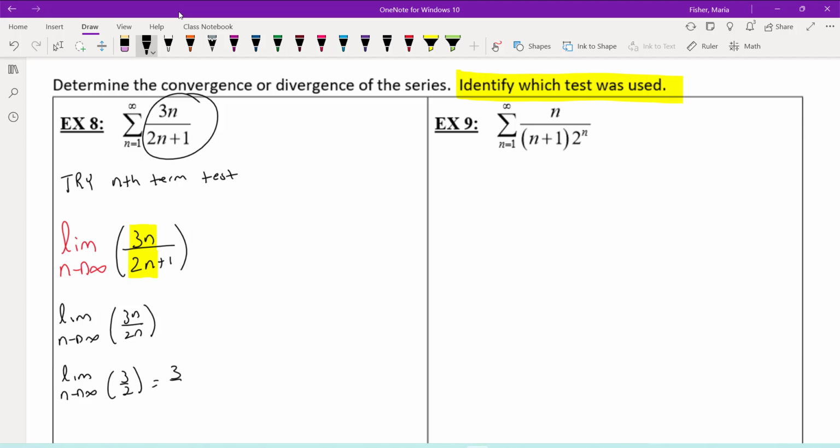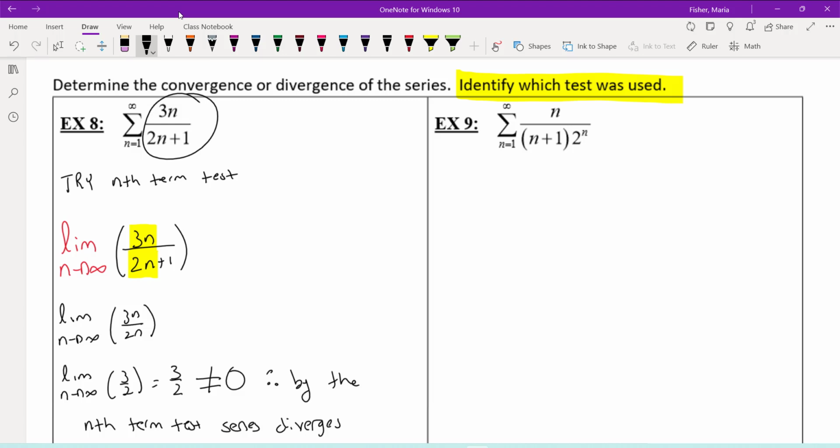Well, that equals 3 halves. Well, 3 halves is not 0, therefore by the nth term test, our series diverges. Why does it diverge? Because if you take the limit as n goes to infinity of a sub n and end up with something that is not 0, then you automatically diverge.